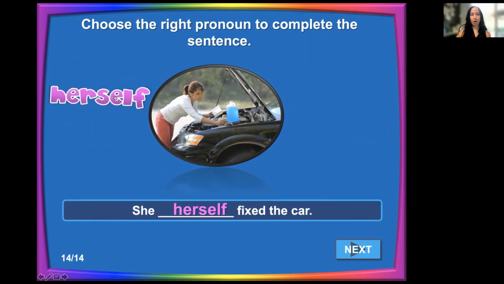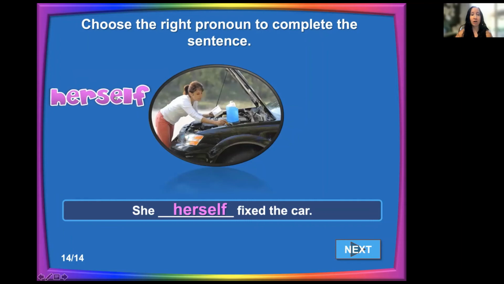The last one actually is not a reflexive pronoun. It is what? It's actually an intensive pronoun. Intensive. Why? It's not reflexive? Well, because it's not the object of the sentence. We don't really need it to make sense.